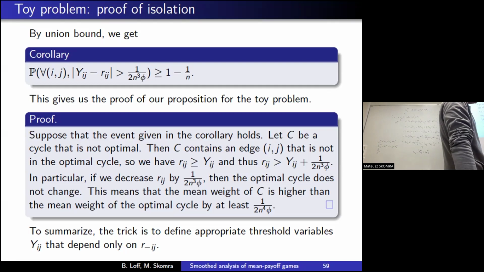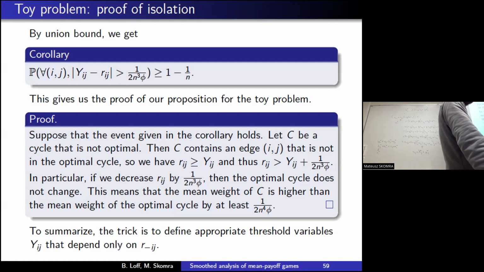What does it mean? That means that the mean weight of this cycle is higher than the mean weight of my cycle C, whose edge I'm changing, by at least this quantity. I change only one edge and I divide by the length.